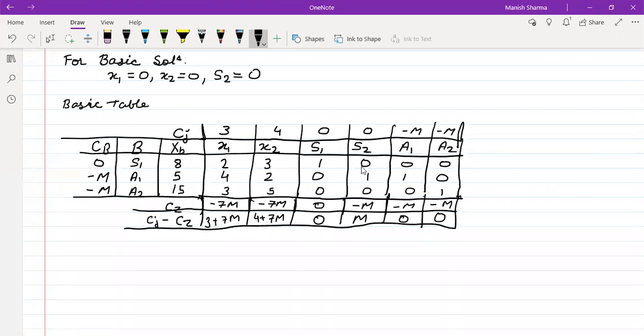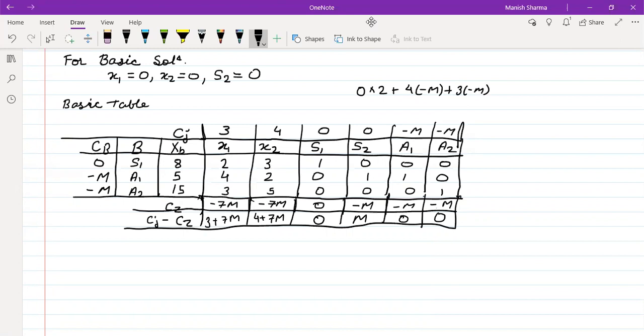So 0 into 2 plus 4 into minus M plus 3 into minus M. Got it?